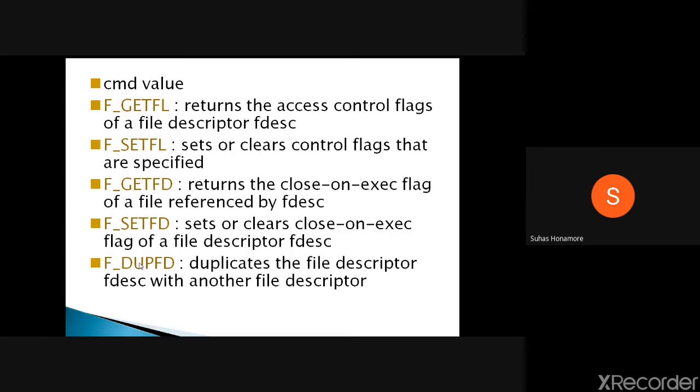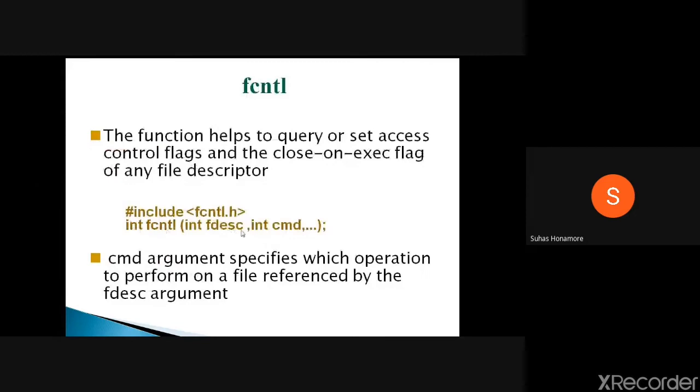However those work internally, the same thing we are doing here. For whatever file you have, for that file descriptor, the command we are giving means you have to duplicate it. So for the same file you will get one more file descriptor. Depending on these things you will get different return values. So this is fcntl. Now let's study about the next API.